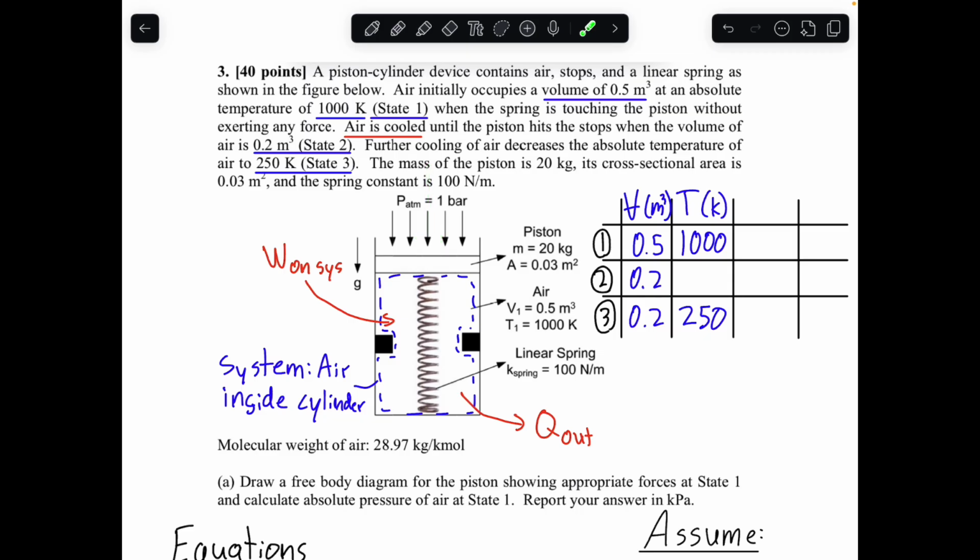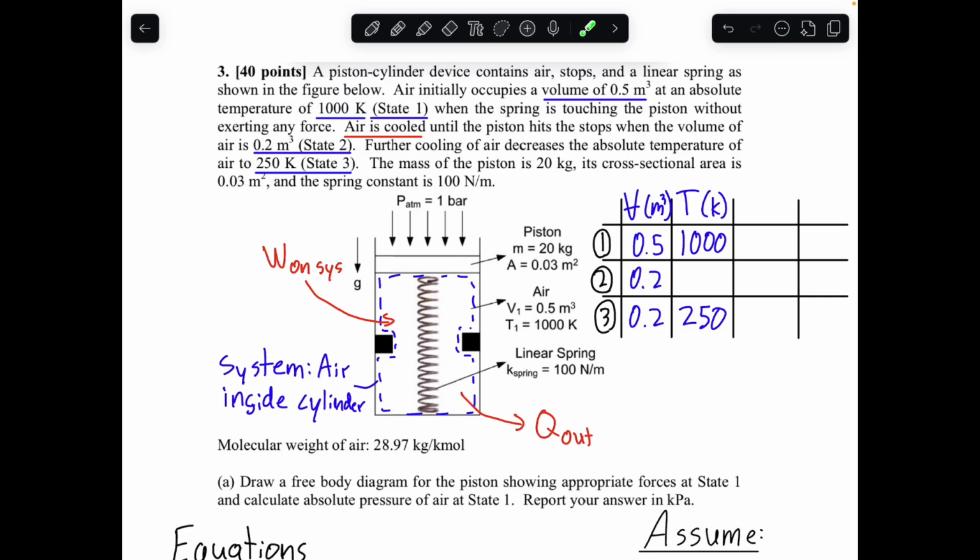that points downwards. And similarly, the air inside the piston cylinder device has some pressure, so it will exert a pressure on the bottom face of the piston all along here, which will result in a positive net force upwards. Now, what about the spring force here? I see a spring, so do we have any spring force?